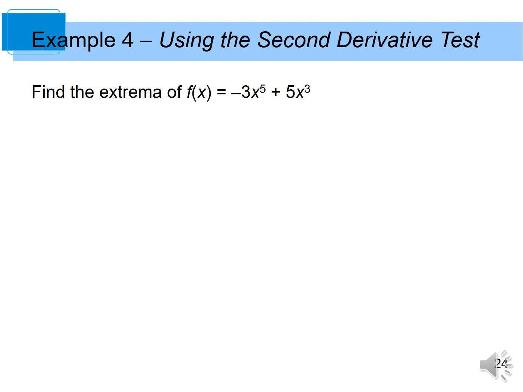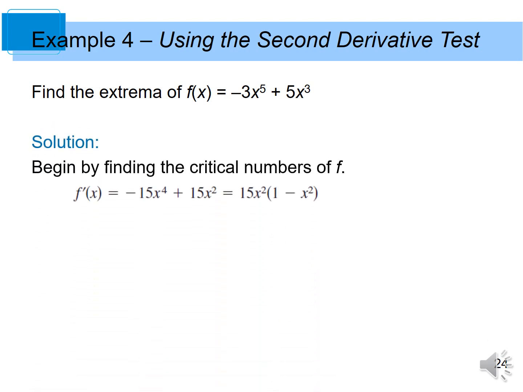Find the extrema of f(x) equals negative 3x to the power of 5 plus 5x cubed. Start with finding the critical numbers of f. We differentiate the original function, and we simplify.